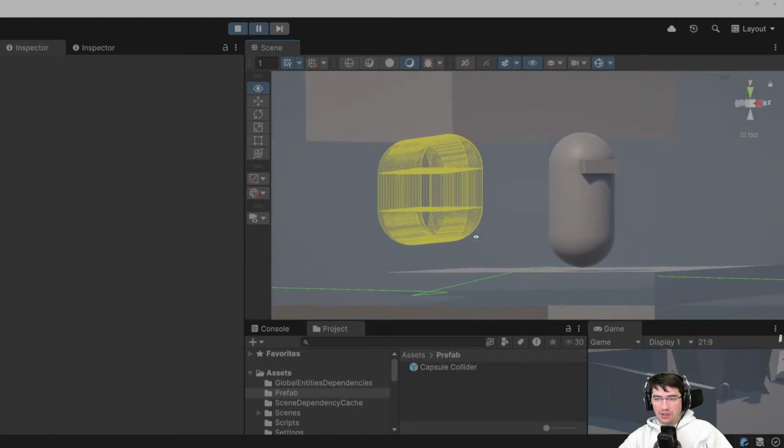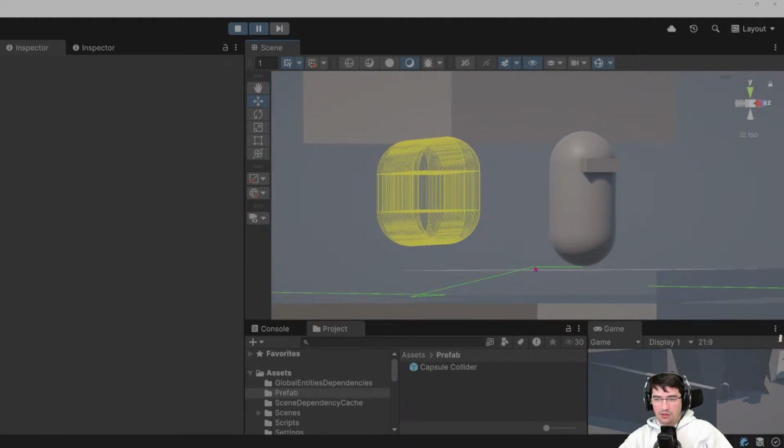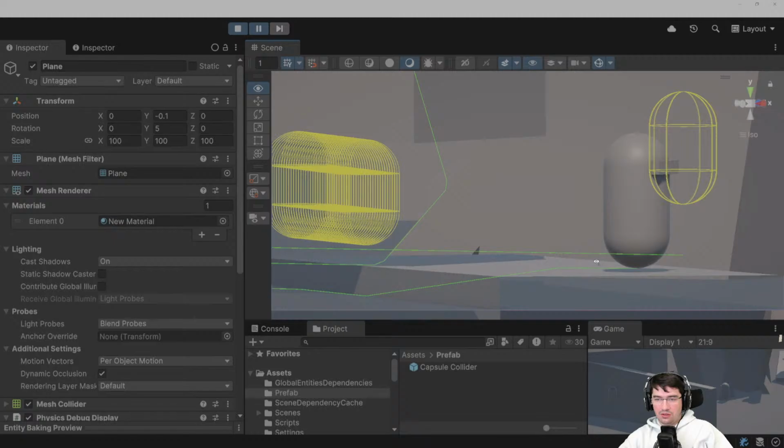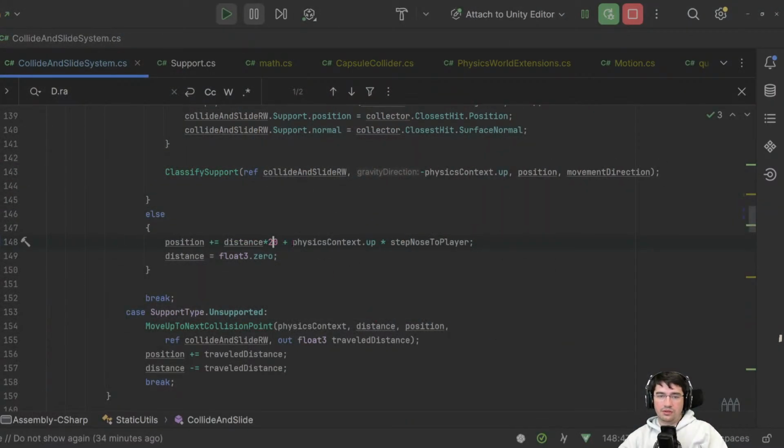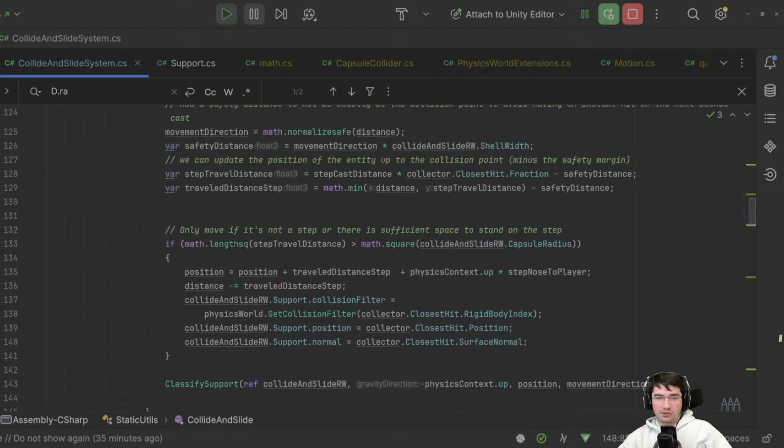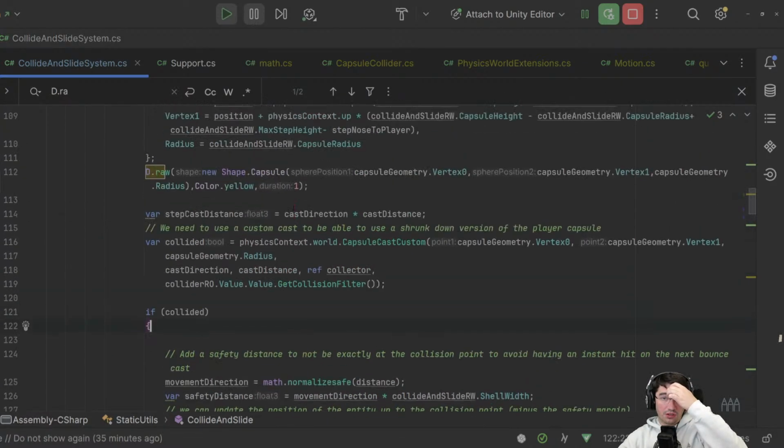Okay, so the height appears to be okay. So the issue is not on the final height I'm posing, but on the collision detection.